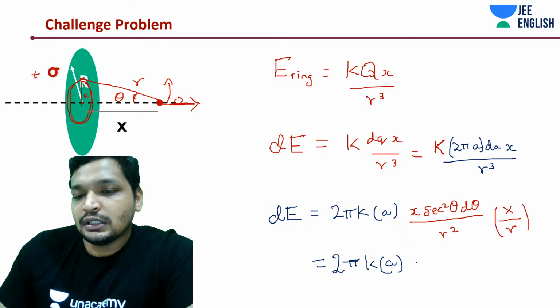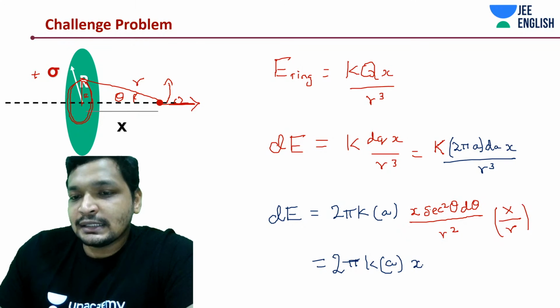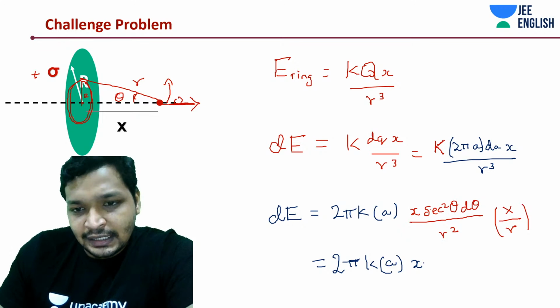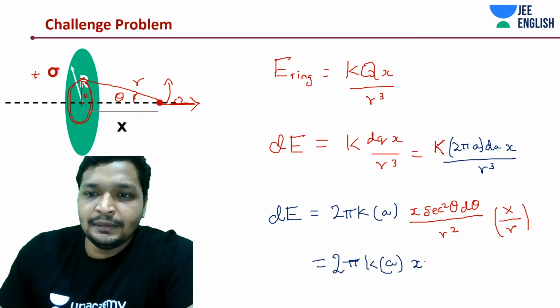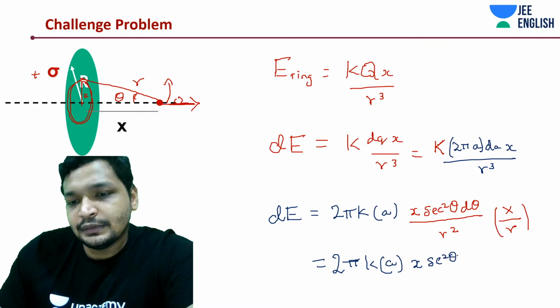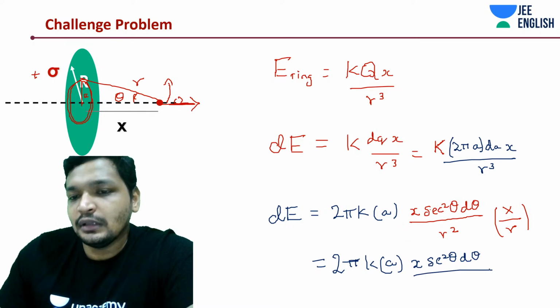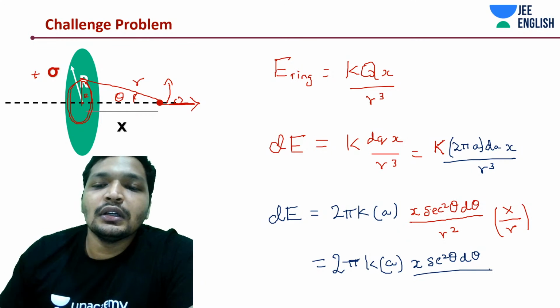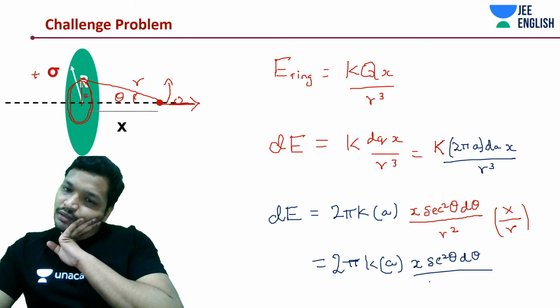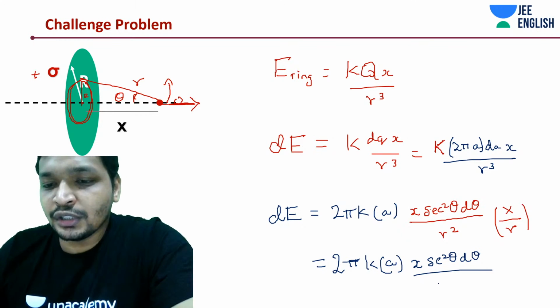Let's start solving this. x sec square theta d theta. What is on the denominator?